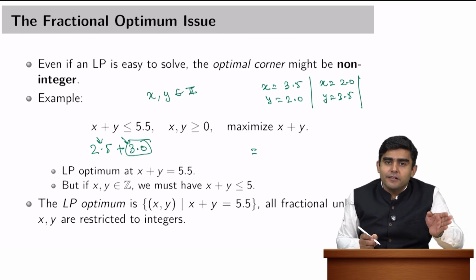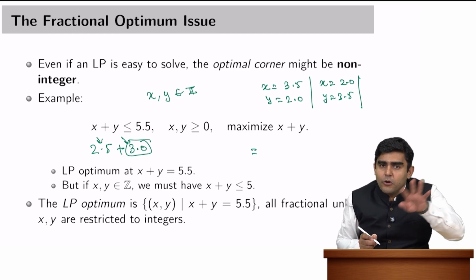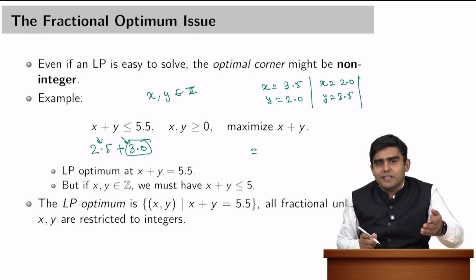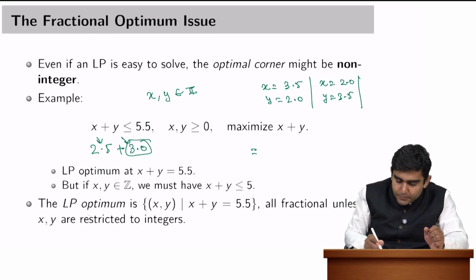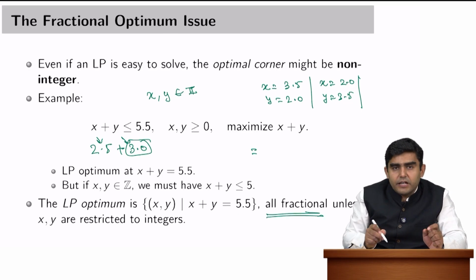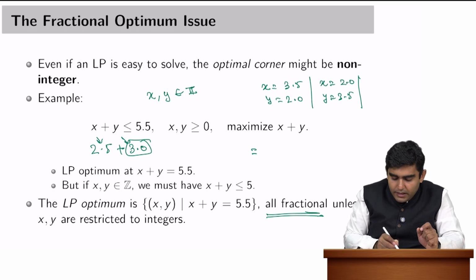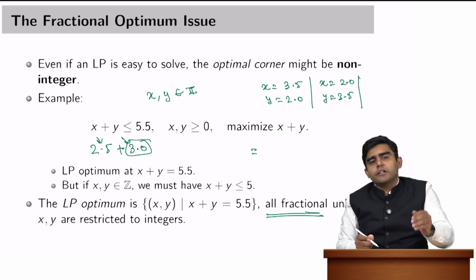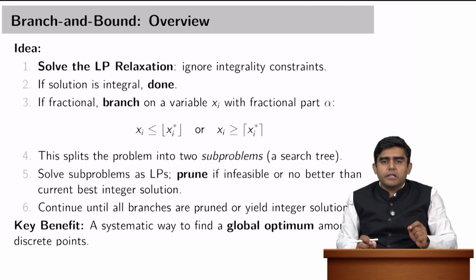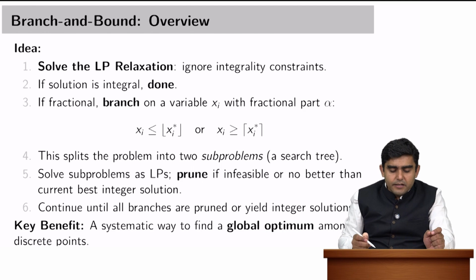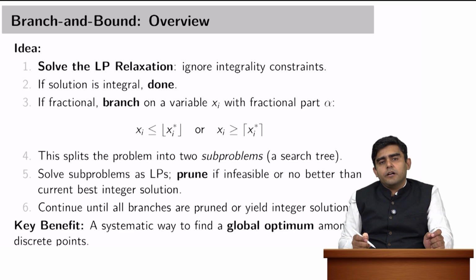It was feasible in primal space, but not feasible in the integer space, and that is where I need some methodological approach to deal with that. So, the LP optimal solutions are all fractional if they have to be exactly on the bound, and when x and y are restricted to integer space, none of them is a valid solution, and that is where a methodological approach called the branch and bound method comes into the picture.